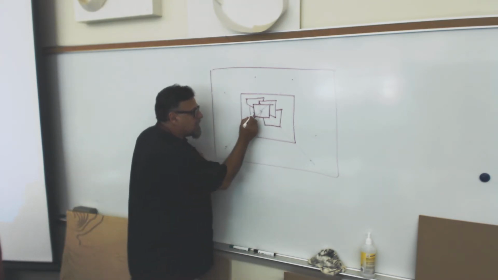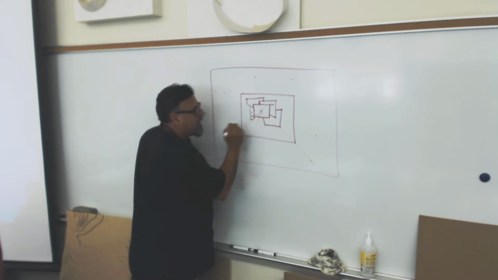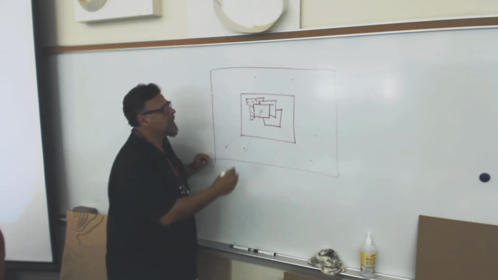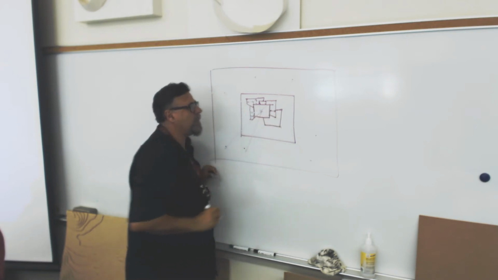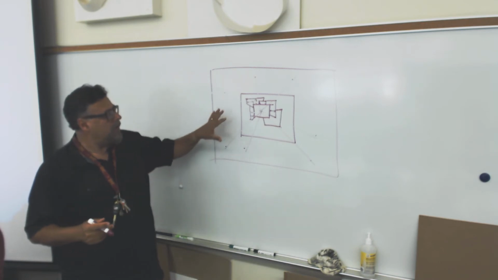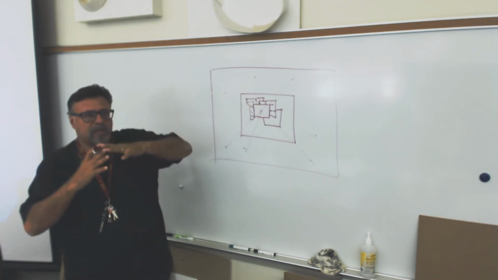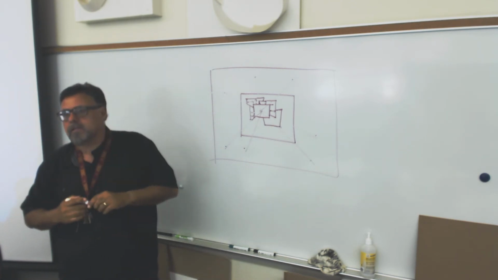So this distance is 4 feet, as is the distance from there to there. The distance from here to here is the same as the distance from here to here. That's what you're trying to think of in terms of creating this offset condition, and the offset is the same off both lines.